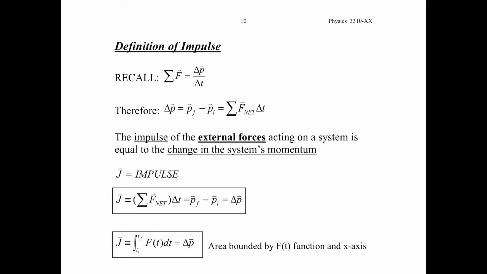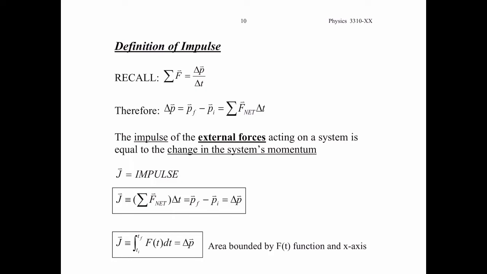Okay, so on that note, we are now up to page 10. We're talking about a new quantity called impulse. So essentially, we were talking about momentum, and if something has momentum, it is moving. It has mass with velocity. In order to change that momentum, you need to apply a force over a period of time.